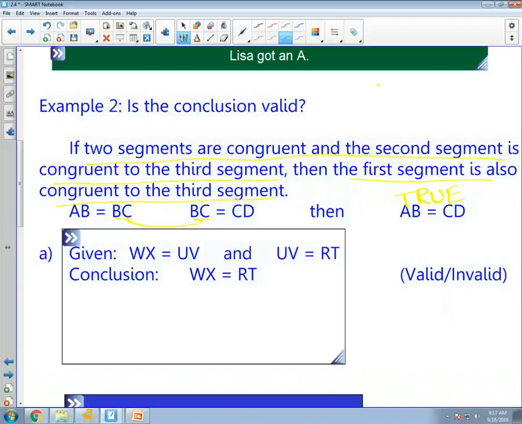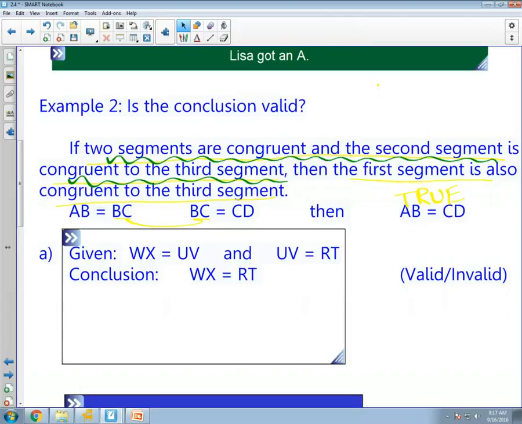So the next thing that happens in the law is that the if part has to be confirmed. Okay, so here's the if part. Is that what we have in the given? Do we have two segments that are congruent and the second segment is congruent to a third? Is that confirmed? Okay, then the last part of the law of detachment has to confirm the then part.